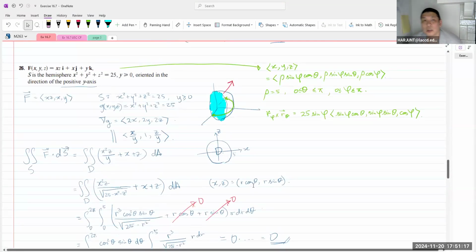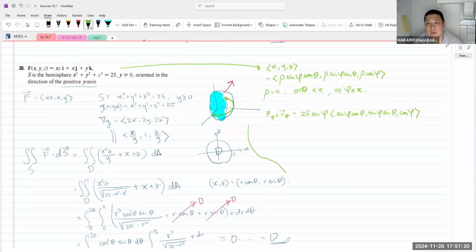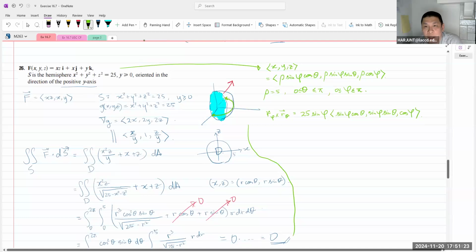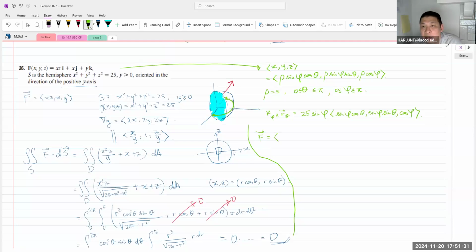Now, therefore, if I use that spherical integration, then it will be a double integral. You know what? Let me do the F first. So the vector field F will then be the x times z, that's rho squared sine phi cosine theta, that's for xz. The x will be rho sine phi cosine theta, and then the y will be rho sine phi sine theta.